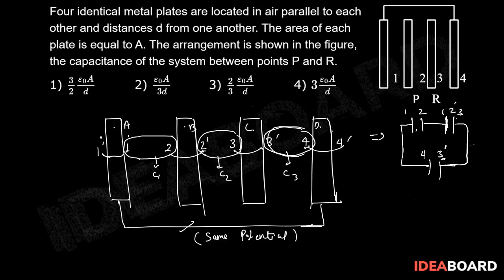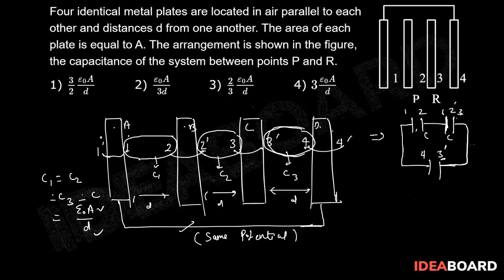Now we know that C1, C2 and C3 will all be equal to epsilon naught A by d, because area is the same, distance is d everywhere. So to solve this, we can say C1, C2, C3 equal to C only.